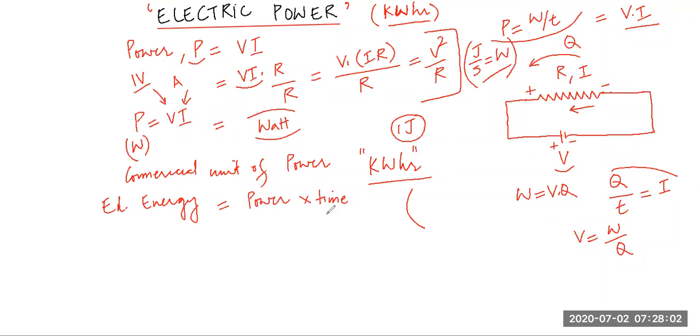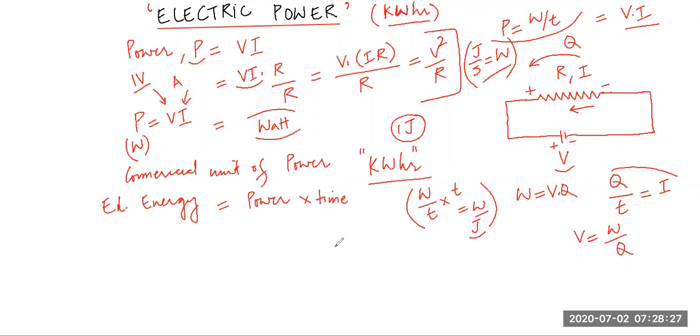How? Well, power is rate of doing work, W by T, into T is equal to W. This is work done. Work done is energy. Unit of work done is joule. Unit of energy is also joule. So electrical energy is power times time.